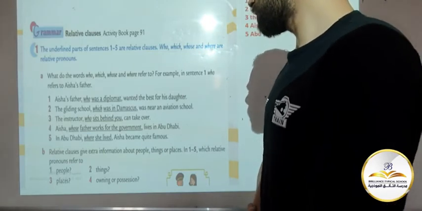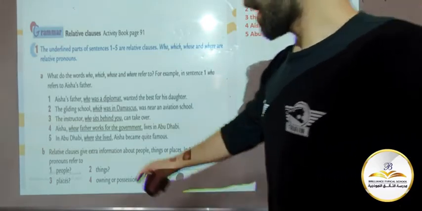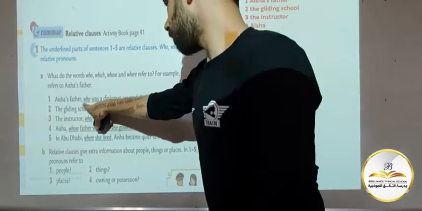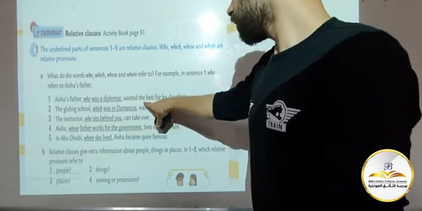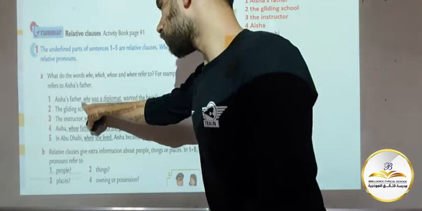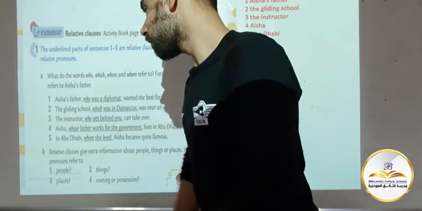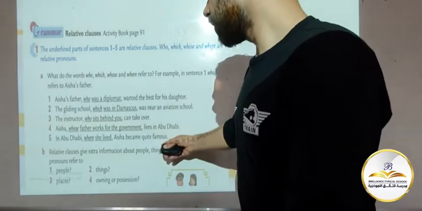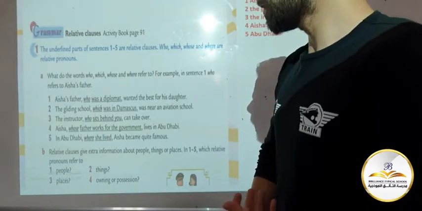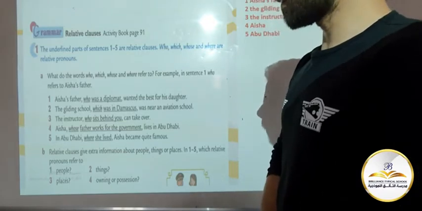For example, in sentence 1, who refers to Aisha's father. Let's take a look. Aisha's father, who was a diplomat, wanted the best for his daughter. So this who refers to Aisha's father. Can you find the relative pronouns in the sentences and tell me what they refer to? Let's take a look at the next sentence.